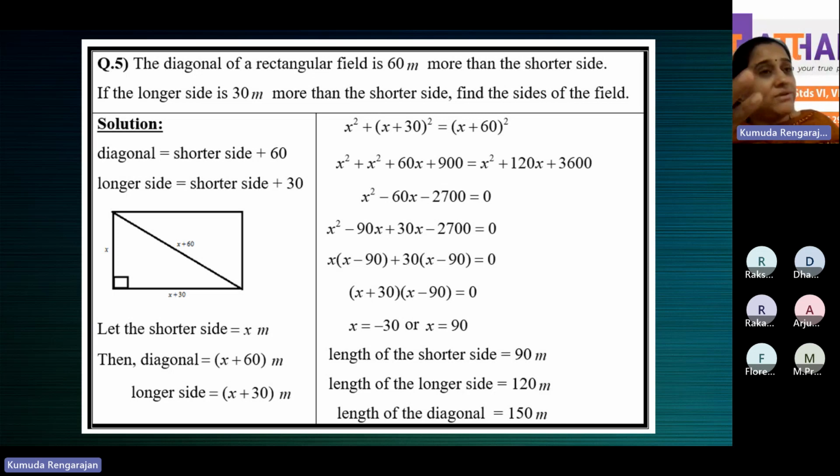X value will be different. But the values of the shorter, longer, and diagonal sides will be the same. X might differ, but the final answer will be the same. All right? Yeah, please work.